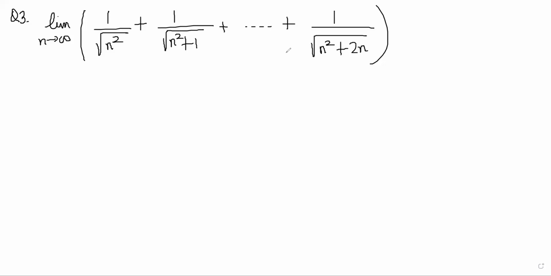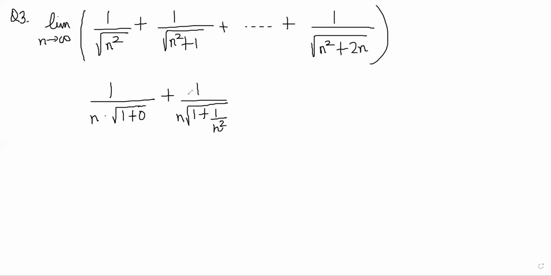Okay. Limit n tends to infinity is there. So divide everything by n square. Take n square outside basically. So it is becoming root of 1 plus 1 by n square, right?